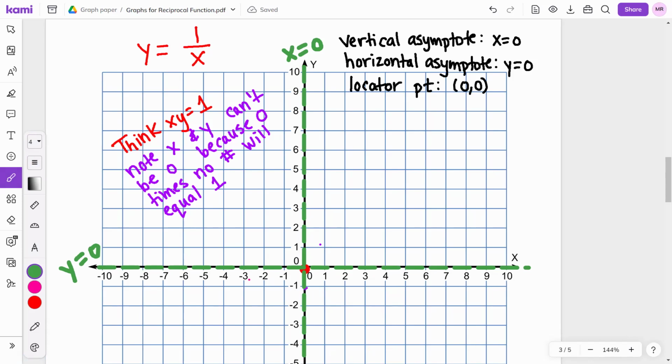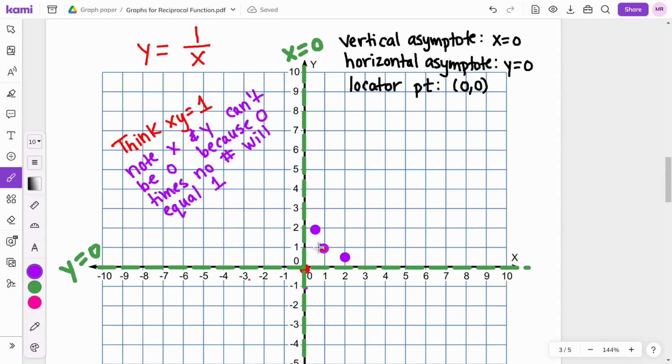Then from here, I'm basically going to be thinking about things that multiply to 1. Now, there's a lot of things that multiply to 1, any number times its reciprocal, but the only number I'm going to expect you guys to give me is 1 times 1, so that point right there. Now, really, you could do 2 times a half, or a half times 2, 3 times a third, and so forth.